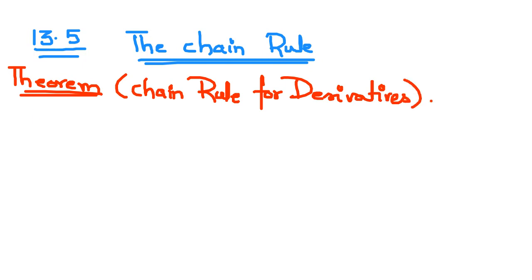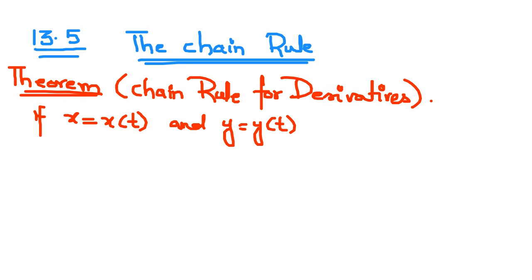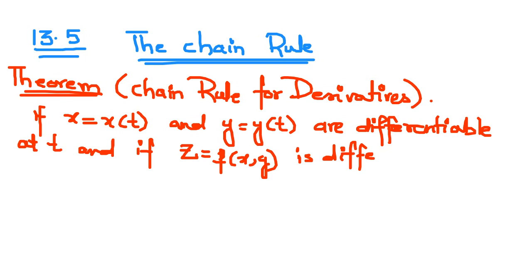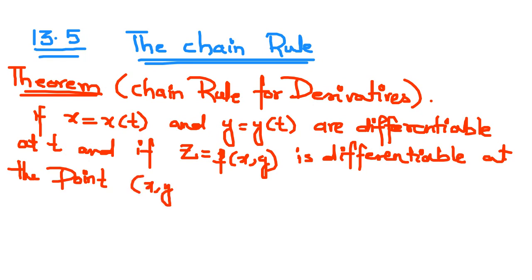Suppose x is a function x of t, a one variable function, and y is a function y of t, and they are both differentiable at t, and z is a function of x and y, which means z depends on two variables x and y, which is also differentiable at the point x and y, which is equal to x of t and y of t.